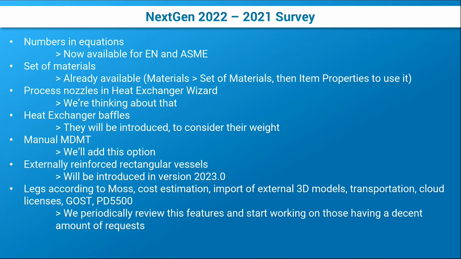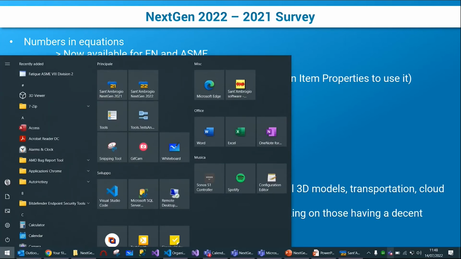You asked us to have a set of materials, but this function, although a bit hidden, is already available since previous versions of NextGen. So you can go through materials, set of materials, and then define set of materials. Let's see it in action.